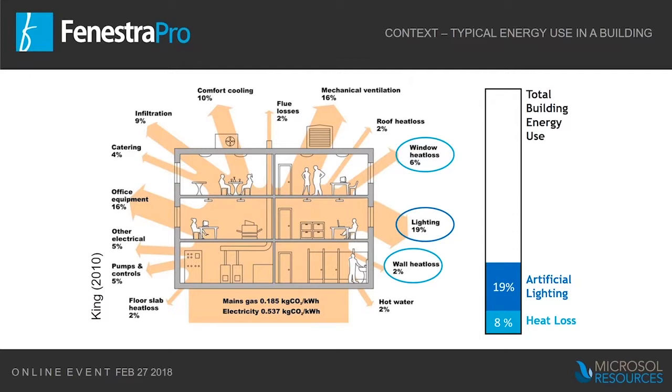Lighting through the facade, natural daylighting and the requirement for artificial lighting, is just under 20%. And then we have 26% taken up by heating and cooling loads to cool the space, air conditioning, mechanical ventilation, cooling, all that sort of stuff.